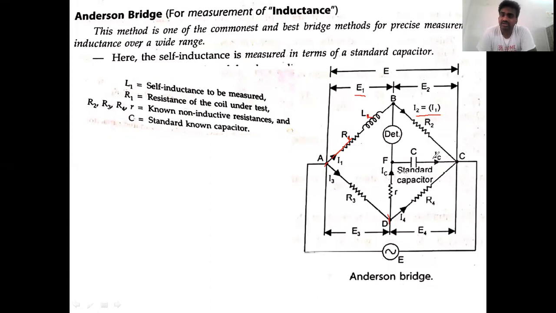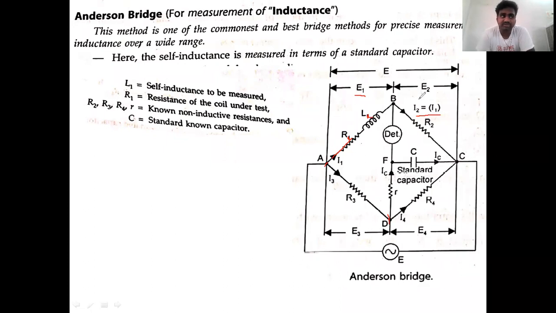The second thing is the resistance arm from D to C. The resistance arm is connected from D to C, the current flowing is I4, and the voltage drop across this fourth arm from D to C is E4. The voltage drop across the first path is represented with E1, and the current flowing is I1.